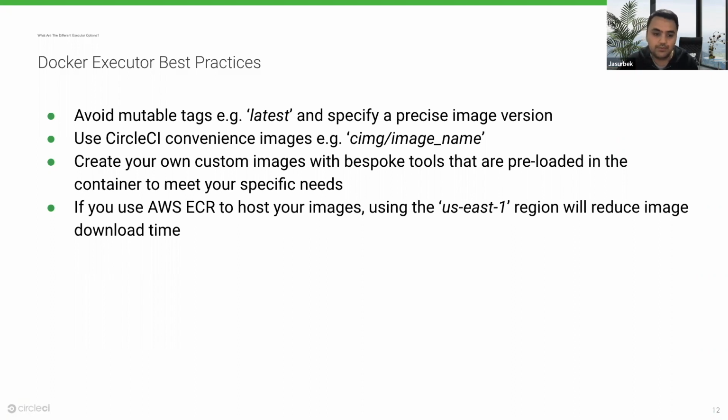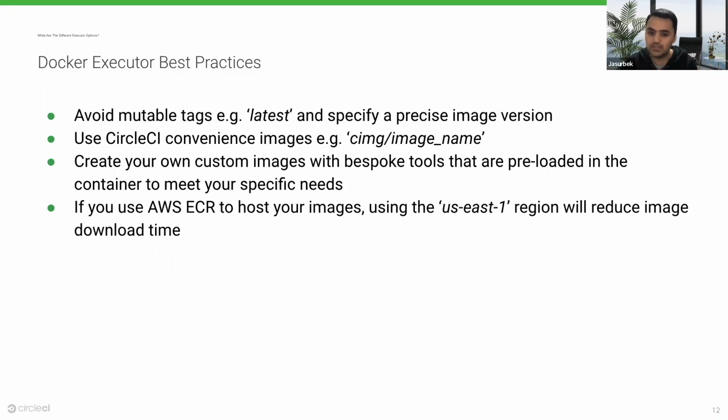If you are using a CircleCI convenience image and adding additional tools during execution, and it's piling up and your runtime increases, then it may not be ideal to use just one existing CircleCI image.